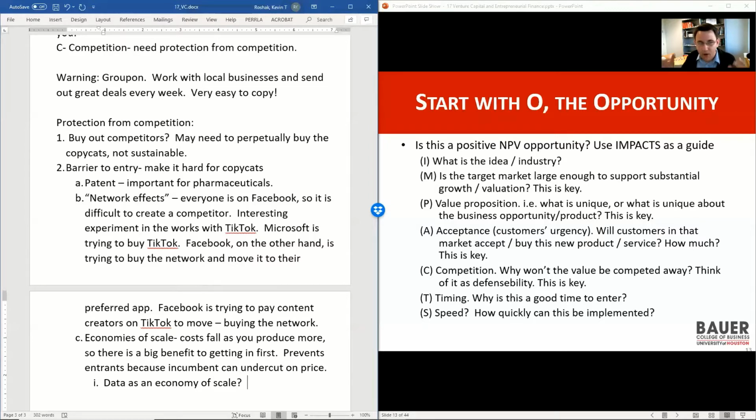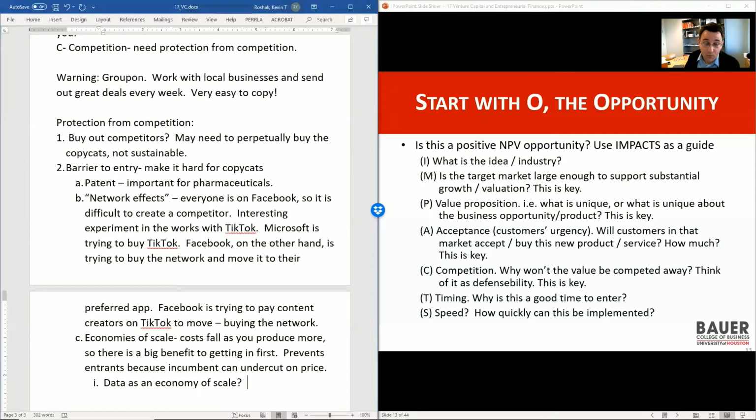They suck up all the data that they can about us. They know exactly what we want and what we're willing to pay for stuff. So if an entrant were to come in and try to compete, they would have to be feeling in the dark, essentially. They'd have to try to feel what works, and it would be much slower than these other companies that already have a lot of data at their disposal.